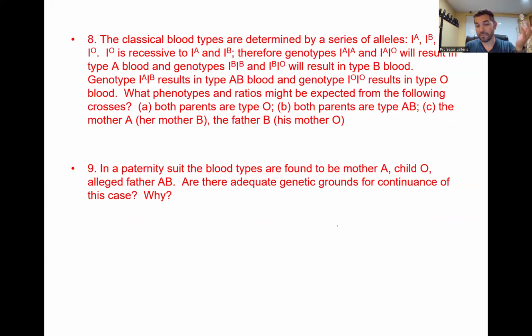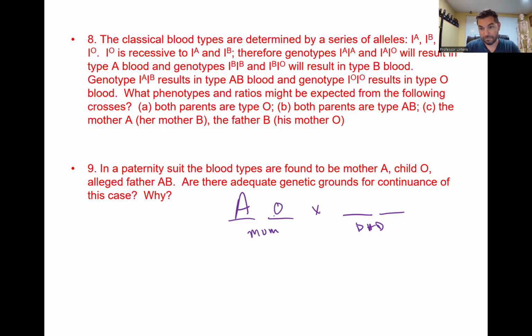The last two are blood typing questions. Number 8 has multiple parts to it, but you get the gist, right? I'll help you with this last one. In a paternity suit, blood types are found to be mother A. That's all we know. Child O says it's got to be that, right?